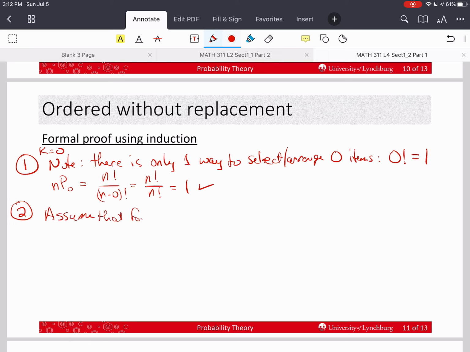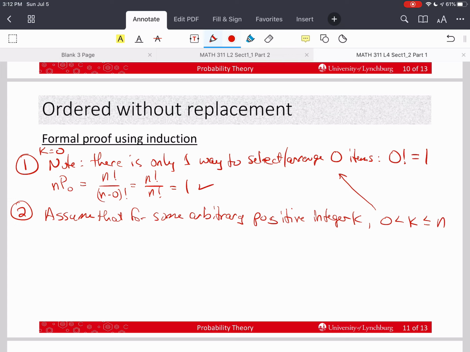Now for 2, we're going to say for the induction hypothesis, assume that for some arbitrary positive integer k, with k greater than 0 in this case and less than n. Since we used 0 up here, we don't use it again here, but we know that it holds, but we've already shown it.